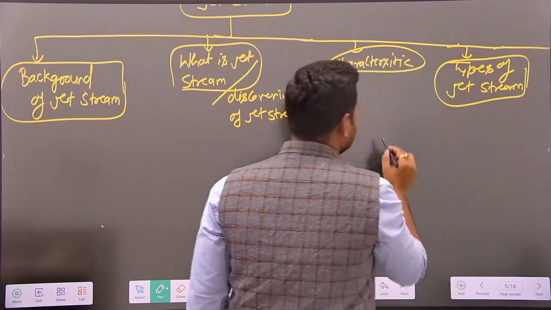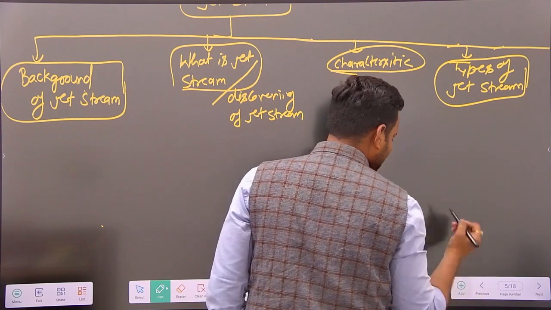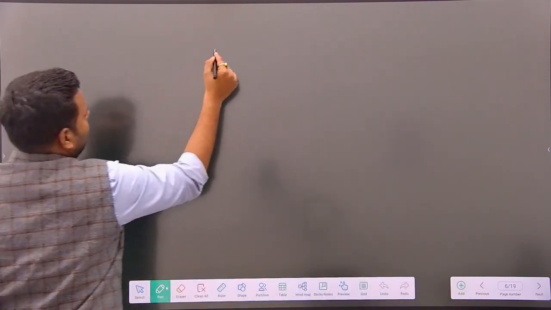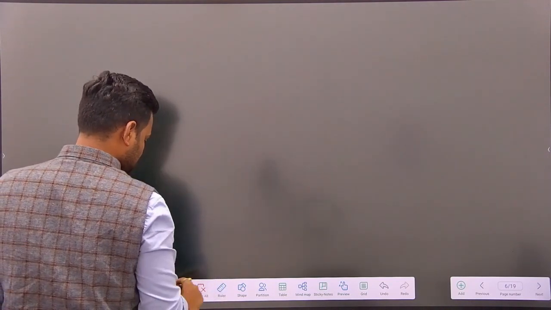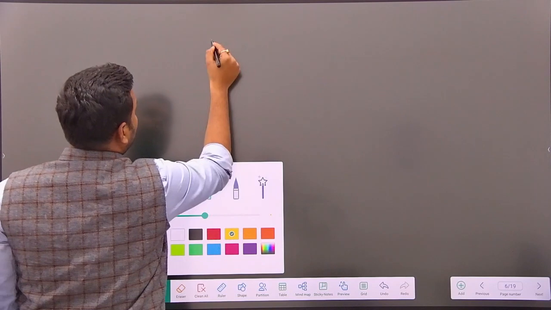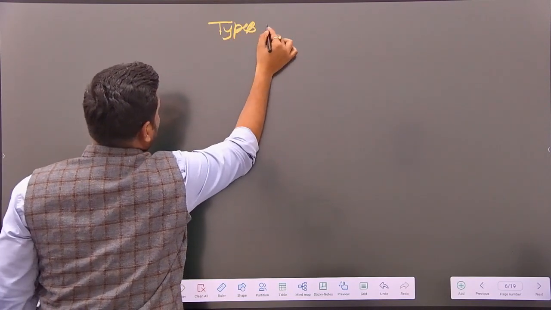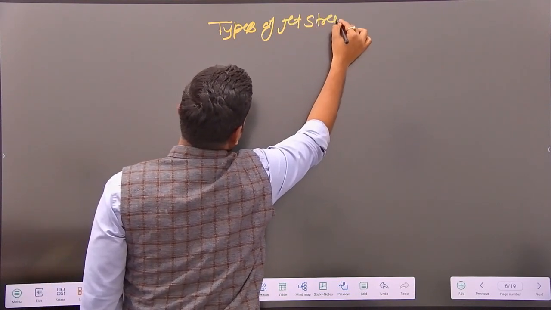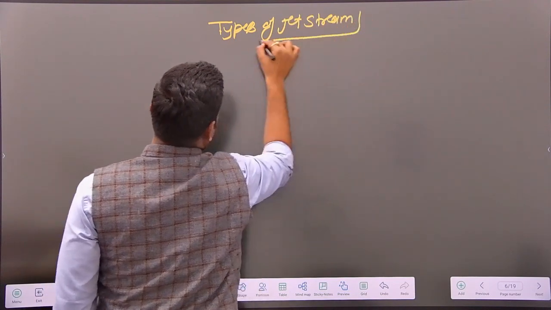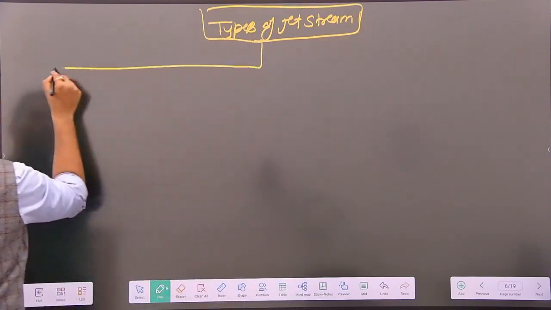What is a jet stream, and what are the characters and types of jet stream? Let's talk about the types of jet stream. There are two types of jet stream.